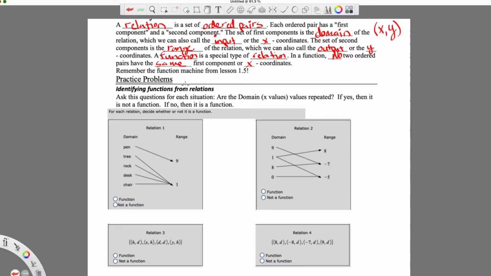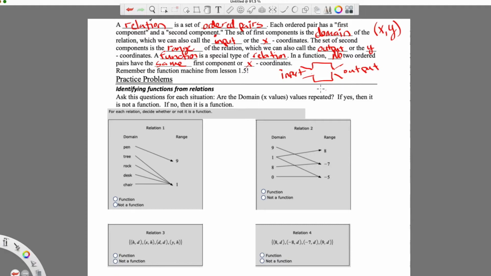So we can remember the function machine from lesson 1.5. So we had a little kind of funky function machine. Oh, actually I had little outputs like this. Inputs and outputs, and it had a little section in the middle. So we input something and we get something output.